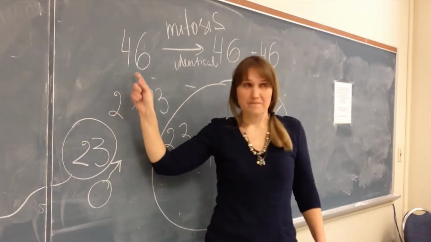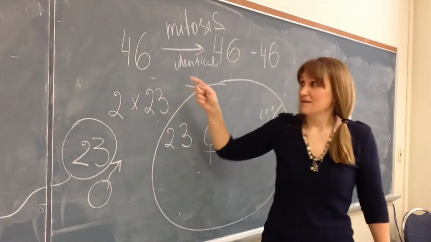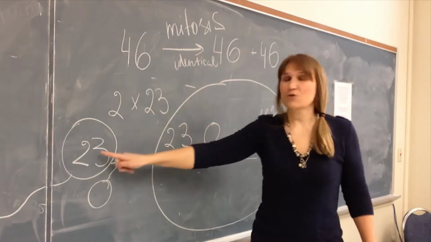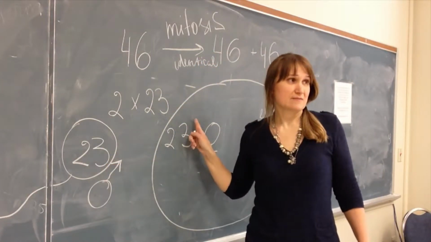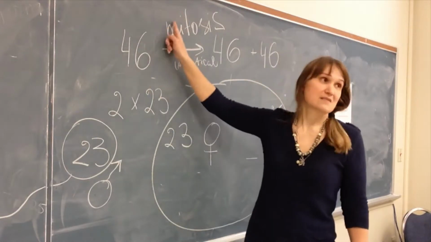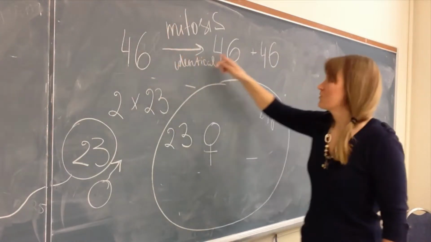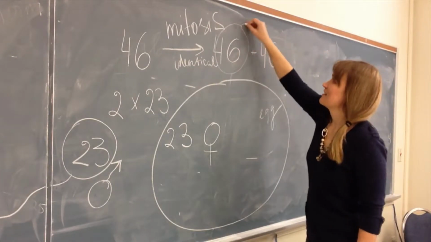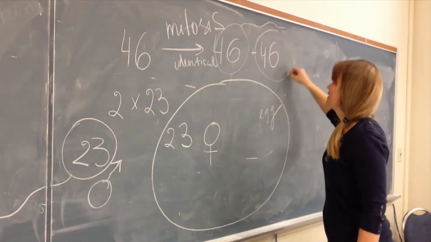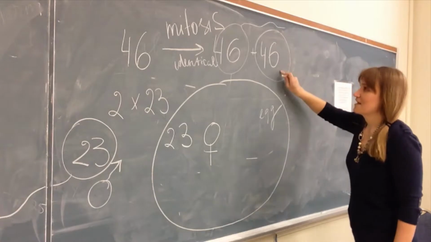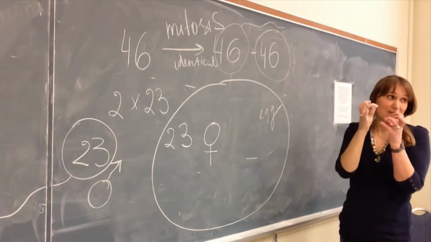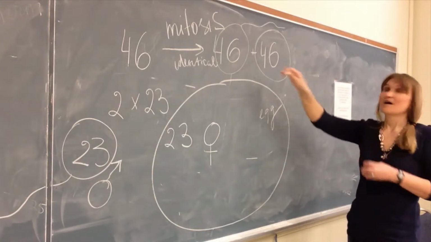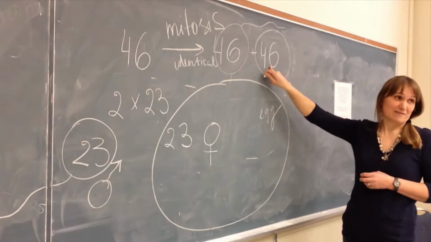But we cannot go with sperm and eggs by using the same division, because if, let's say, this is a sperm and this is an egg, when they meet together to create a new baby, how many chromosomes we might get?